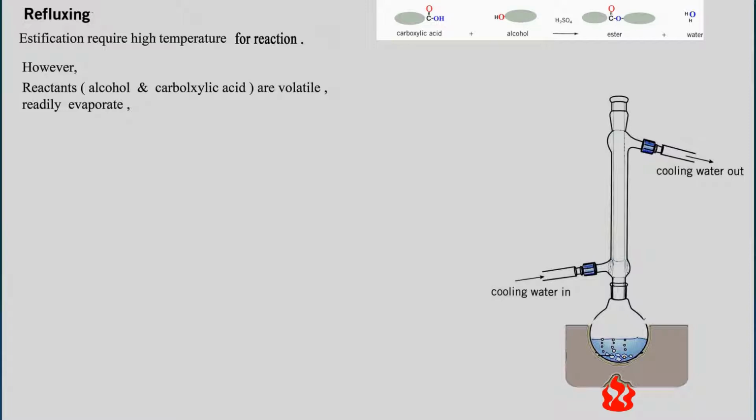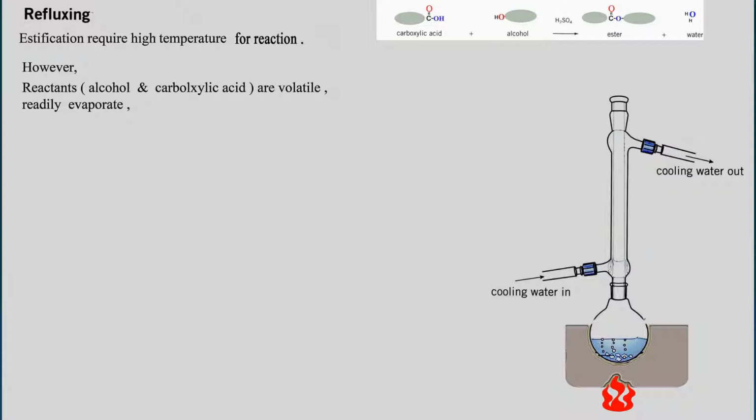If the temperature is not high enough, no reaction will take place. But there is a downside. If you raise to 200 degrees, the acid and alcohol will all evaporate. They are quite volatile, so at high temperature they turn into gas. At low temperature, they don't react. So you lose on both sides.